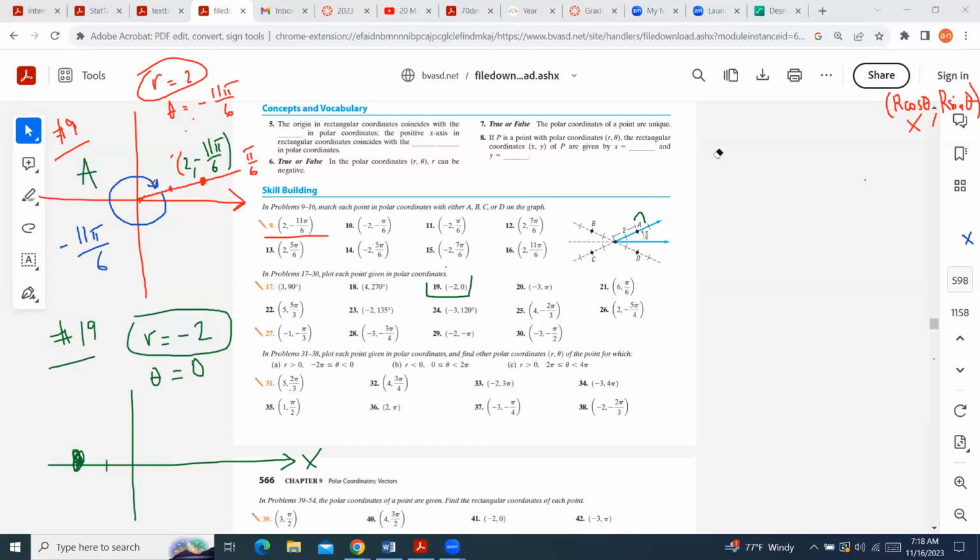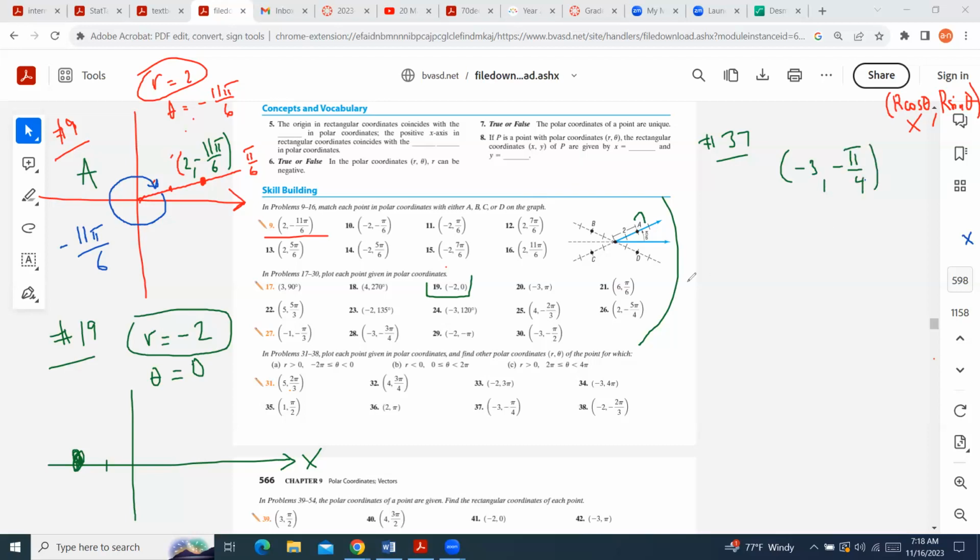So how about exercises like number 37? I'm selecting one problem from each group of exercises. It looks like the first 2 groups are pretty much the same. So what about number 37? They gave us a -3, -pi over 4. Again, that's a point in polar coordinates.